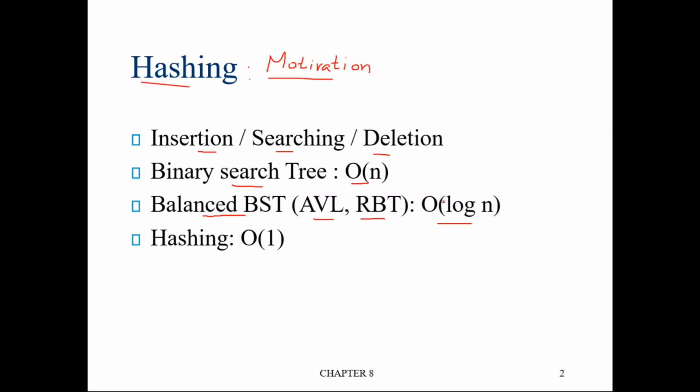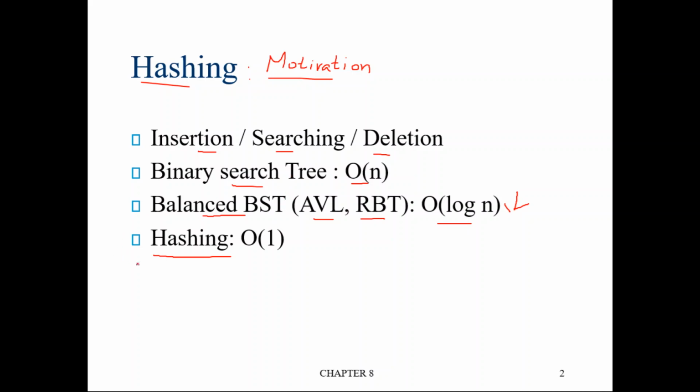Is there any other way to reduce the time complexity further, to less than log n? Yes, it is possible by using a technique called hashing. That is the reason behind discussing this topic.